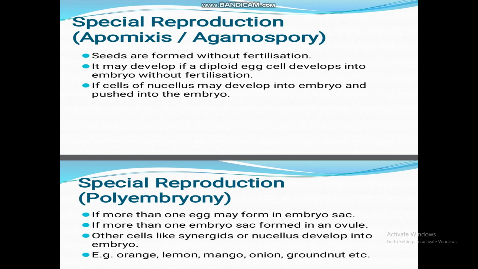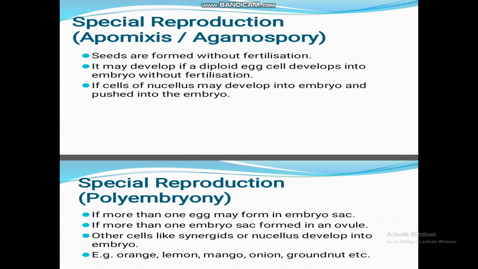Now we are going to discuss another important topic, special reproduction, or apomixis or agamospory. Actually this is an asexual mode of reproduction which mimics sexual reproduction; it carries out asexual reproduction, but it appears to be happening in the form of sexual reproduction. Seeds are formed without fertilization.